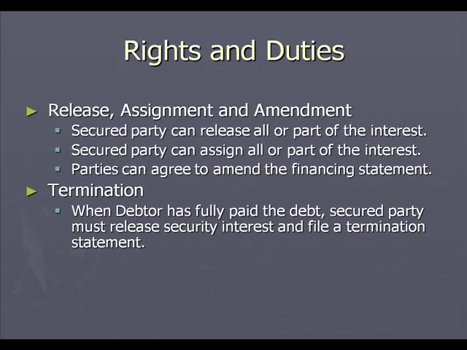Once the debtor pays the debt that they owe, the security interest has to be released at that time. And they file a termination statement so that when someone does a UCC search to see what kind of financing statements exist on that collateral, they find the termination statement that says, hey, this loan has been paid, so this collateral would be available again to back up some other debt.